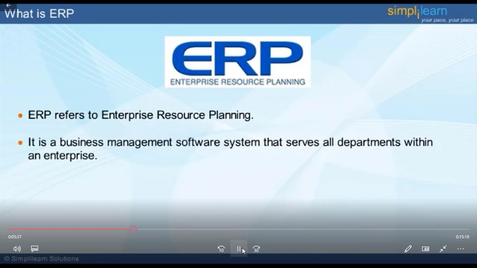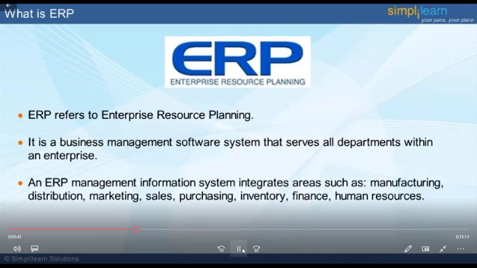It is a business management software system that serves all departments within an enterprise. An ERP management information system integrates areas such as manufacturing, distribution, marketing, sales, purchasing, inventory, finance, and human resources.